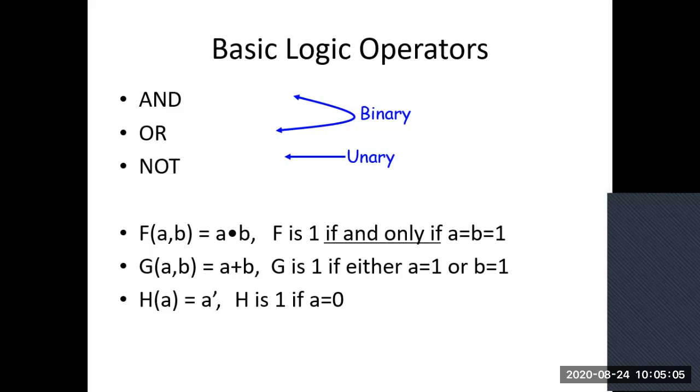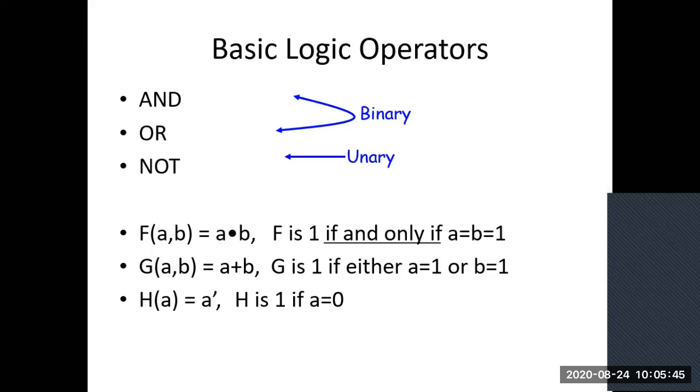Whenever you do AND, you represent it with the dot notation. So f of AB equals A dot B, and your function will be 1 if and only if A and B both are 1. The OR expression is A plus B, so this function z will be 1 if either A or B is 1; then the whole combination will be 1.